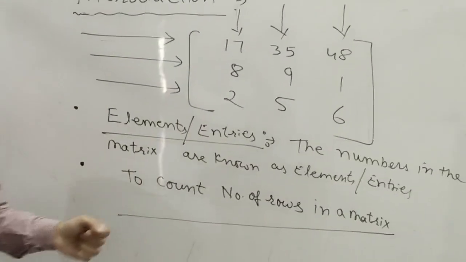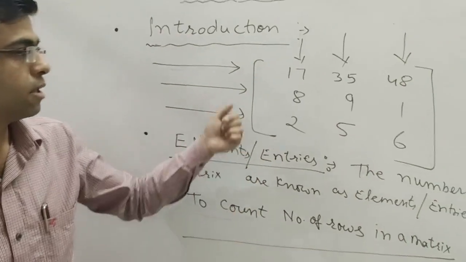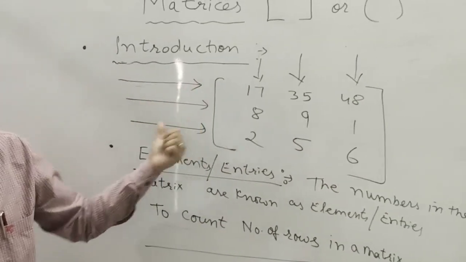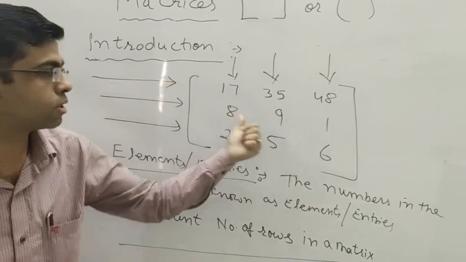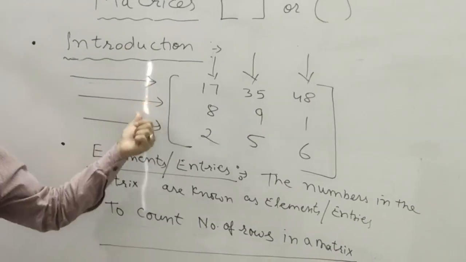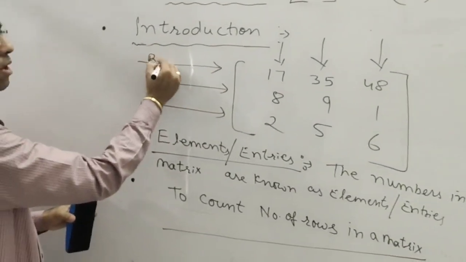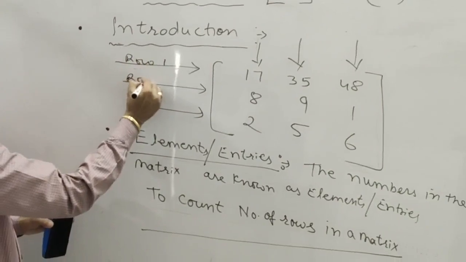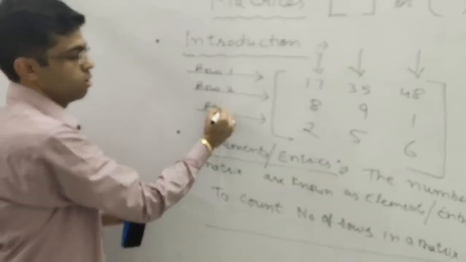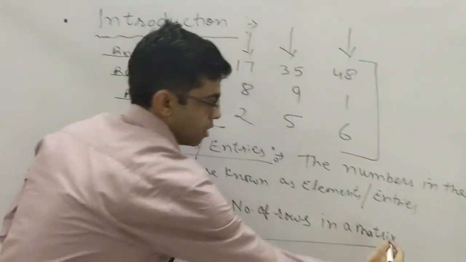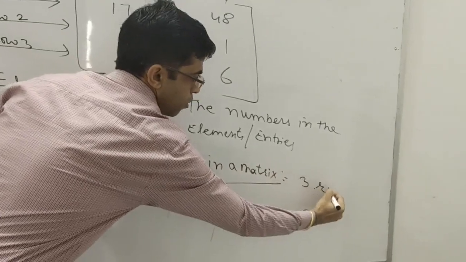There are three horizontal lines, so there are three rows: row number 1, row number 2, and row number 3.